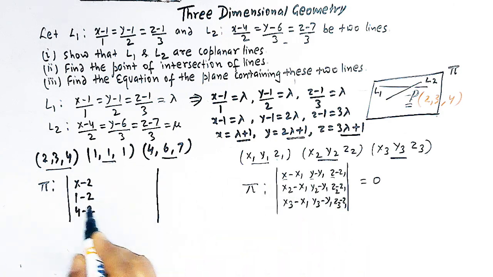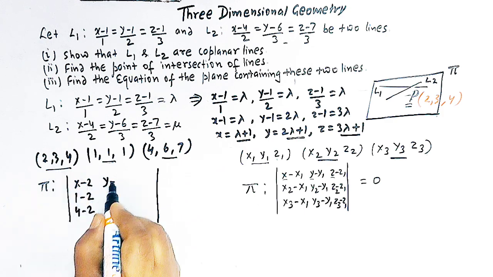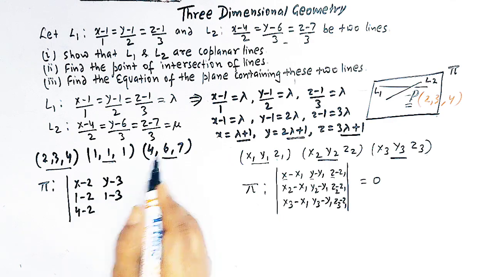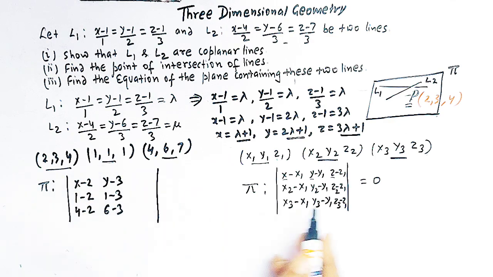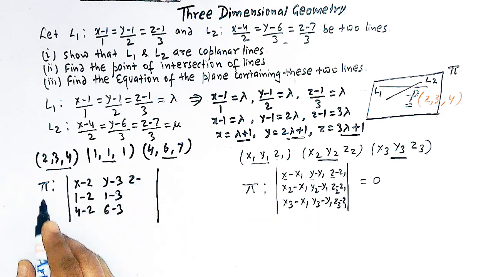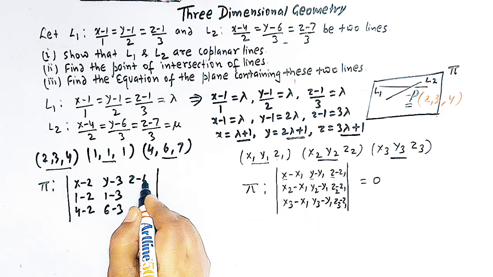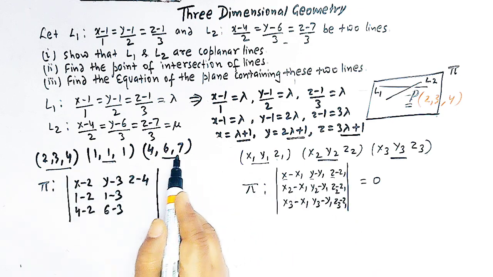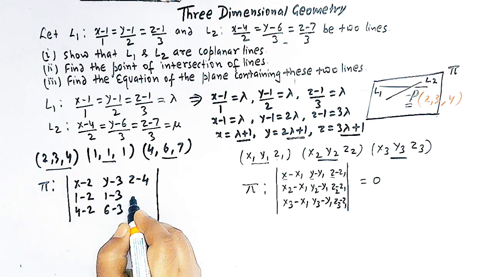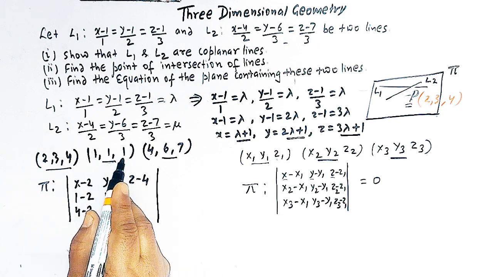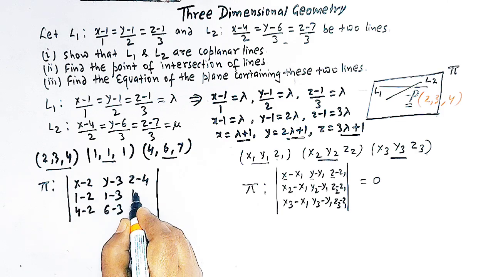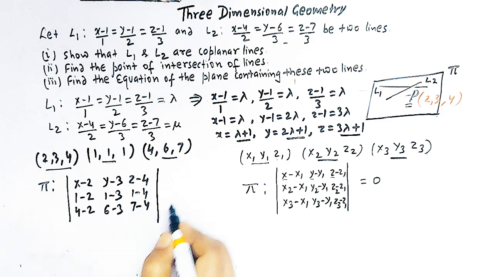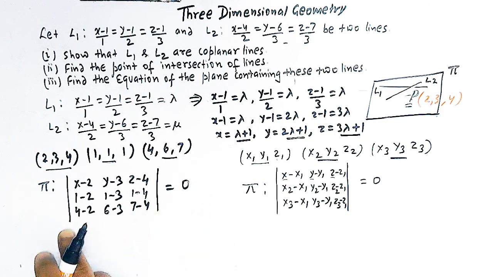And then y minus y1, so we have y minus 3, then 1 minus 3, and then 6 minus 3, and then z minus z1, z minus 4, and then z2 minus z1, so 1 minus 4, then 7 minus 4, right? And this is equal to 0, right?